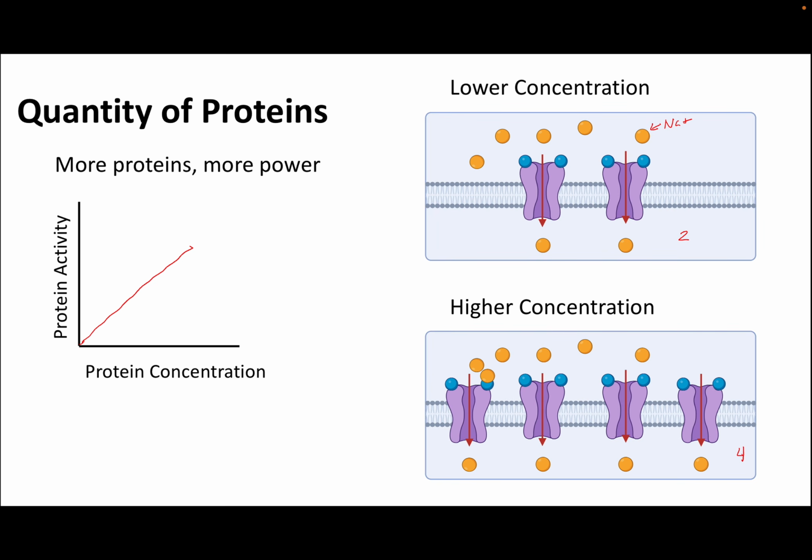We don't find as many circumstances where that ligand might be limiting. But if it were to be limited, then you would start to see a plateau just like you did with the ligand concentration. So this plateau would occur if you did not have enough ligands.